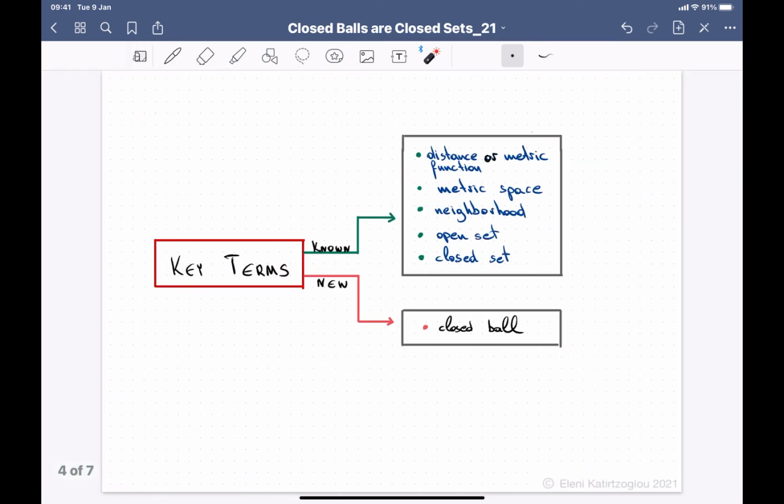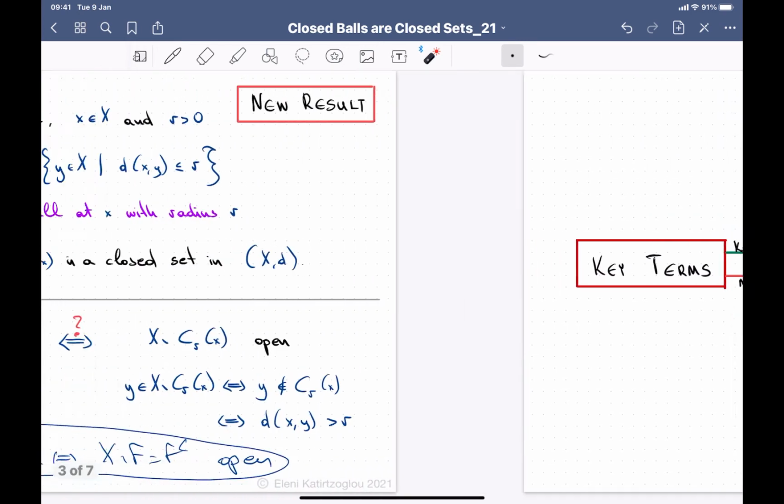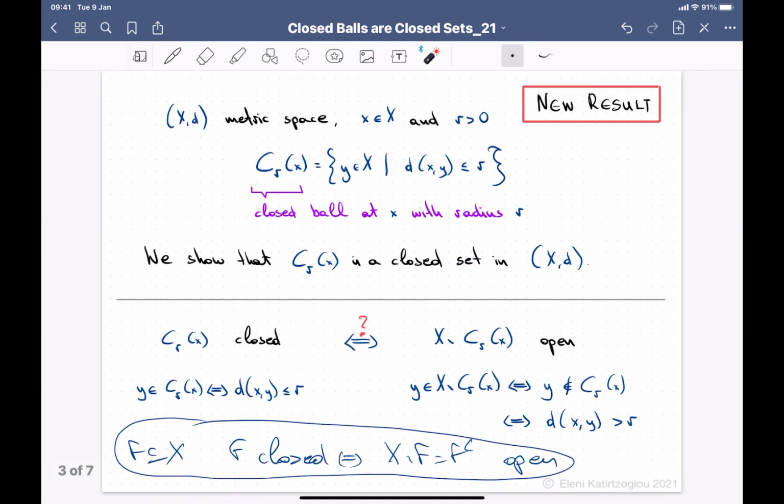Before we move on with the proof, just a piece of advice. Whenever you have a statement to show, or a proof to read, it's important to go over the statement and make sure you understand all the key terms in it. The key terms here are metric space, distance function, closed set, open set.